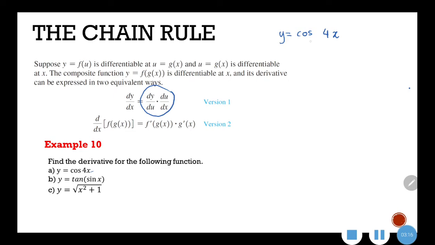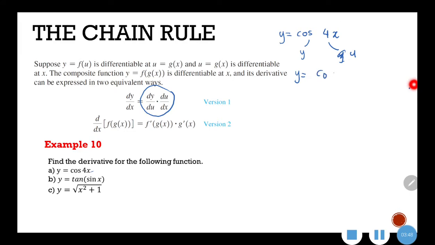Okay, y = cos 4x. So u here can be segregated into two functions, which are y and u. For y, this part here can be represented as u, right?